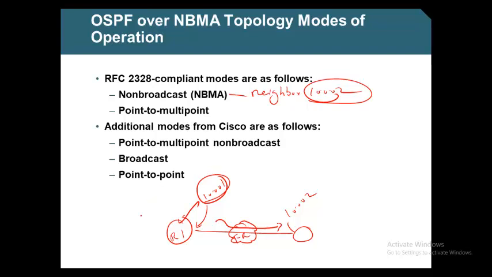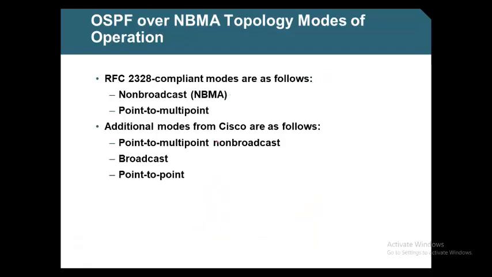Now, what about this one? This one, dynamic discovery of neighbor. You see, if you don't like this, you can opt for this one. This one, not ready to form neighbor. This one, recommended for full mesh, because you got DR, BDR election.